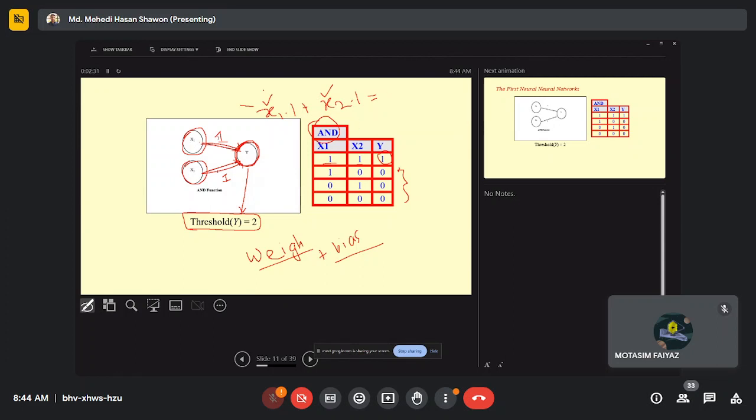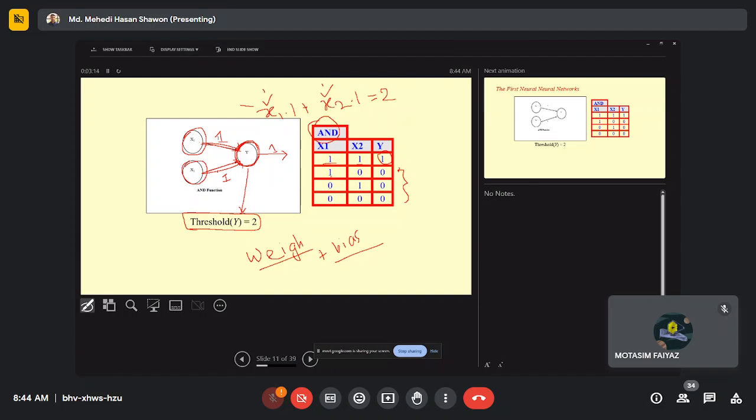Sir, 2. So 2 is our threshold, so 2 is matching our threshold, right? In that case, it will fire the signal. Fire the signal means yes or true, I mean yes or 1.